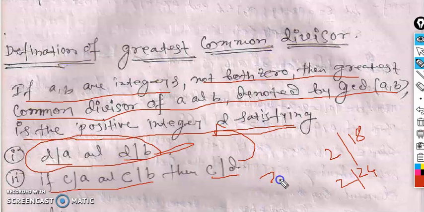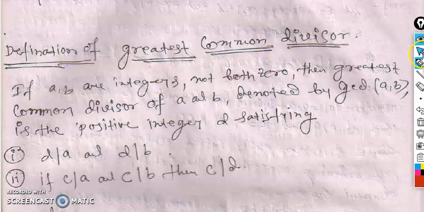So 2 is a common divisor of 18 and 24. But 6 is also a divisor of 18 and 6 is a divisor of 24. So 2 is a divisor, 6 is a divisor, and 2 is again a divisor of 6, but there doesn't exist any other common divisor larger than 6. So 6 should be the greatest common divisor.